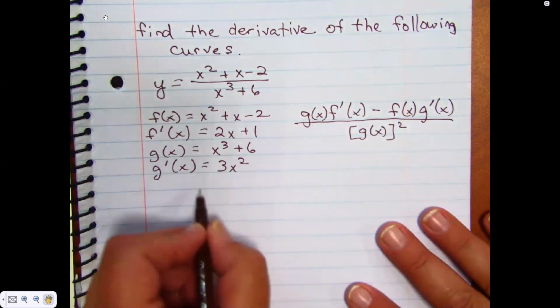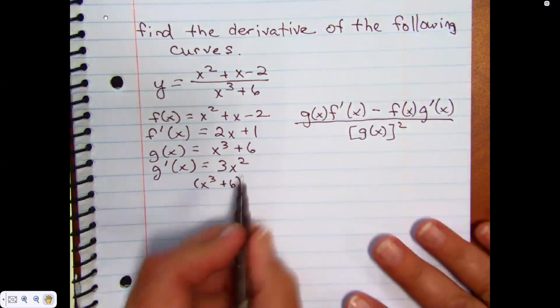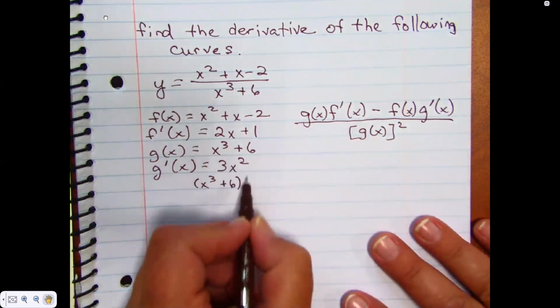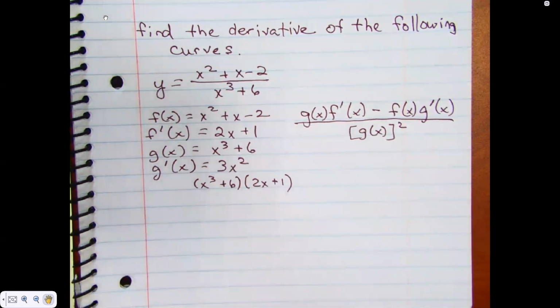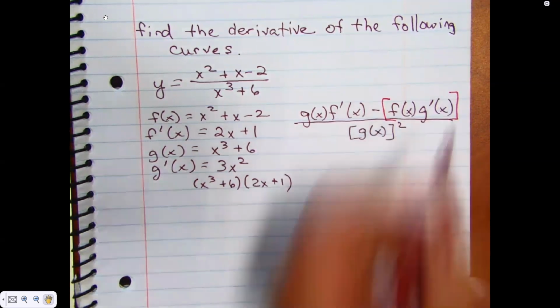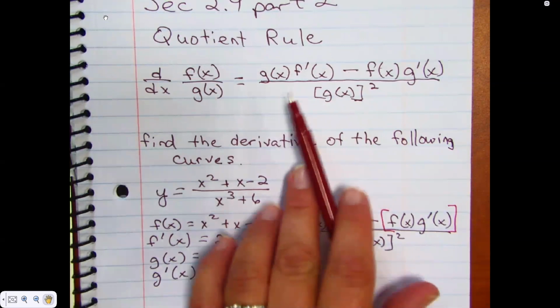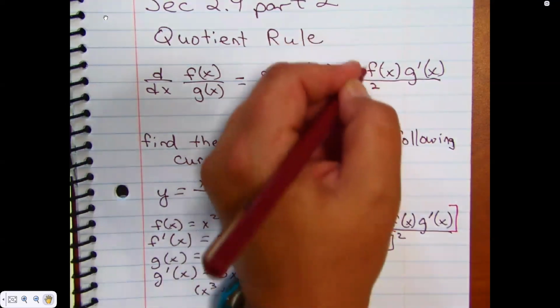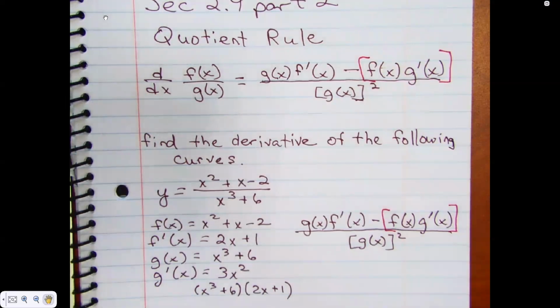G is x to the third plus 6. Derivative of f, 2x plus 1. Now, just be careful here. Yesterday we had plus, so we didn't have to worry. These red parentheses need to always go in. Let's even back that up. We usually don't write it in our rule like this, but maybe we should, because we need those every single time.